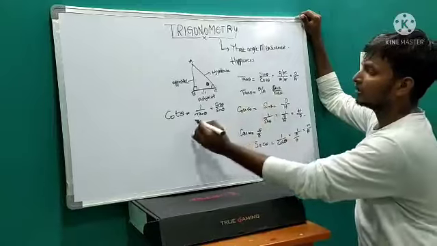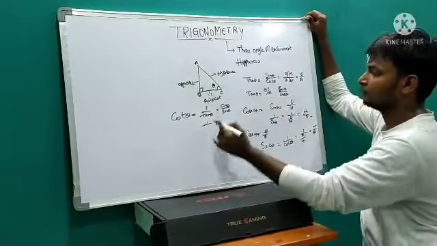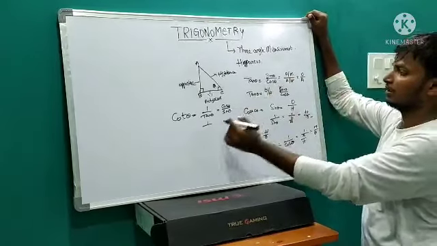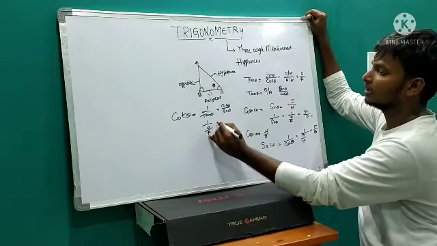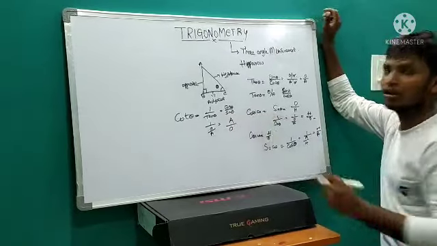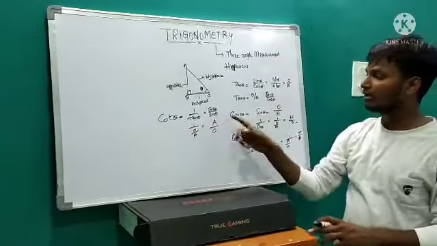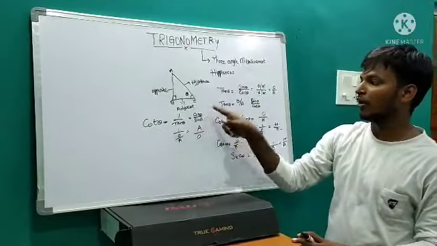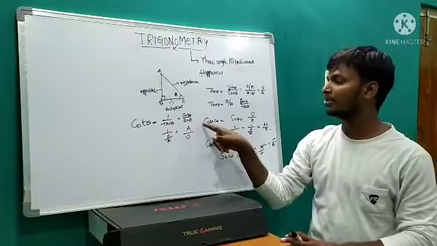Tan theta is opposite by adjacent. Here A will become the numerator, therefore A by O. Cot theta formula is adjacent by opposite, or cos theta by sin theta.